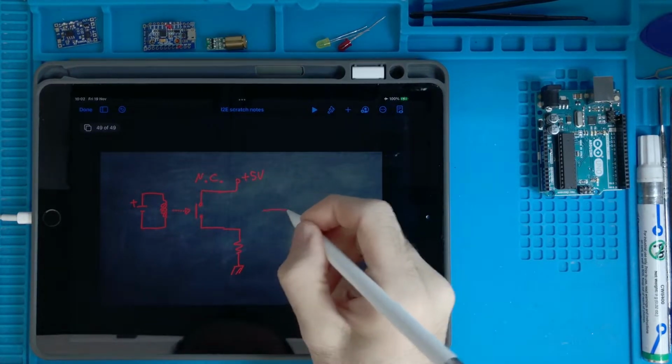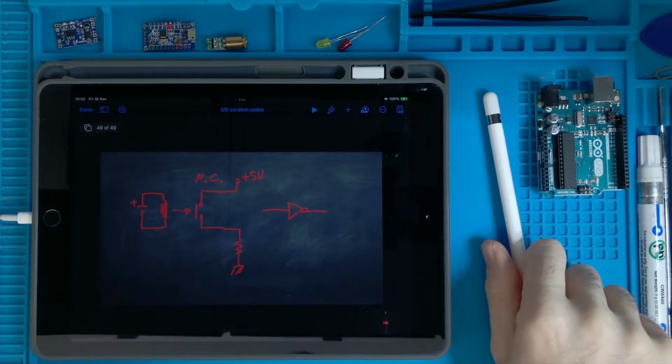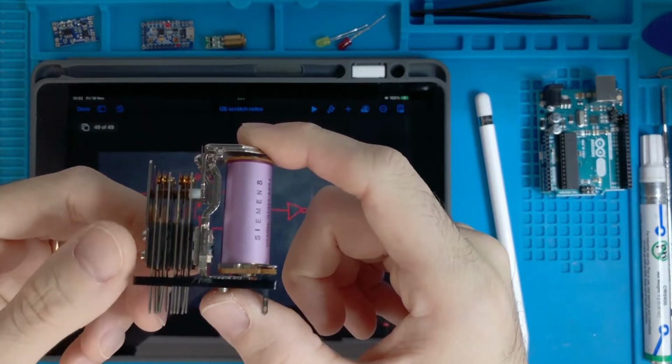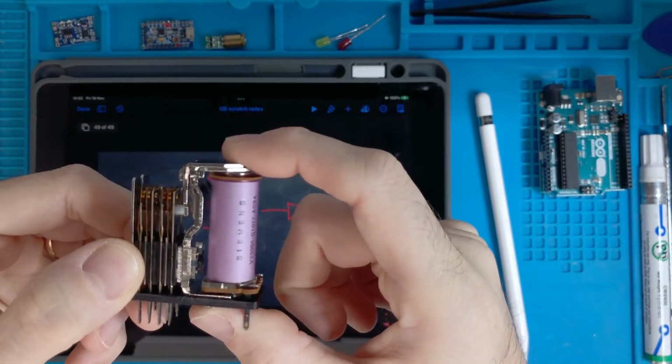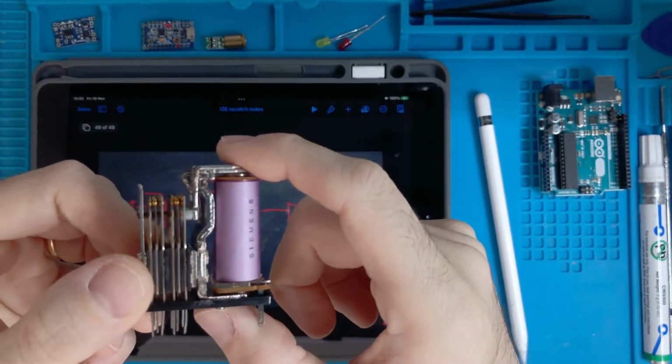So this is an implementation of a NOT gate with simpler electronics which are not involved in transistors, semiconductors like this.